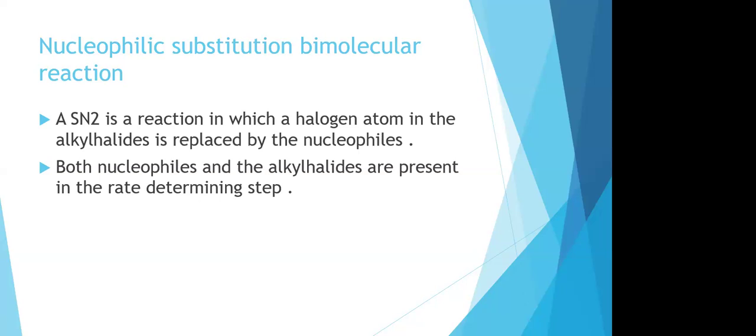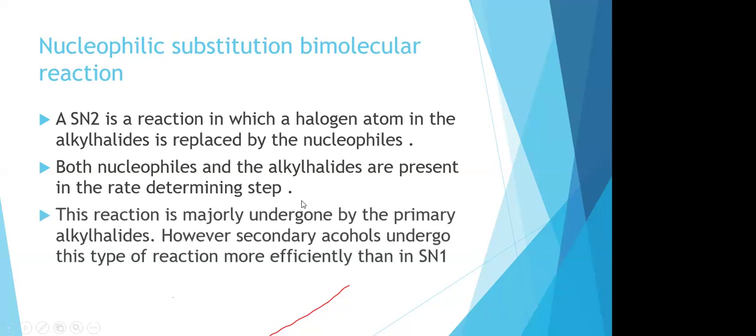The reason is the carbon-halogen bond in the alkyl halide partially breaks, while the nucleophile-carbon bond is partially forming in the rate determining step, and we will find out that the order of reaction for that is 2, as we shall study in physical chemistry in chemical kinetics.